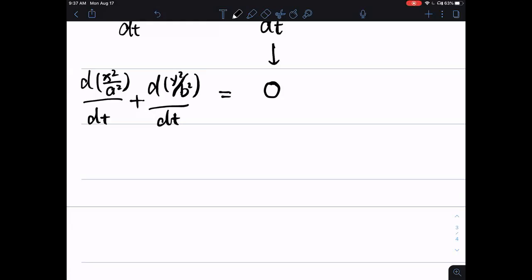To make our life a little easier, instead of looking at the whole thing, let's just look at the time derivative of just this part, x squared over a squared. I'll give you 1 minute.